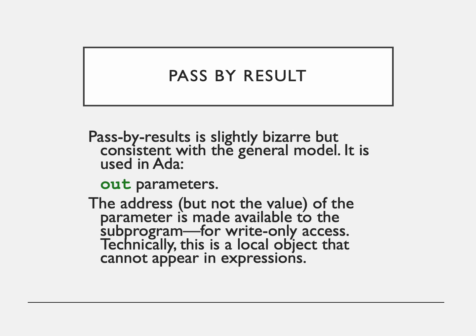It's a write-only access parameter, which makes it unique compared to more common methods like pass by value or pass by reference. This method is useful when the result of the subprogram is the only relevant output and the input, if any, is irrelevant to the generation of that output.